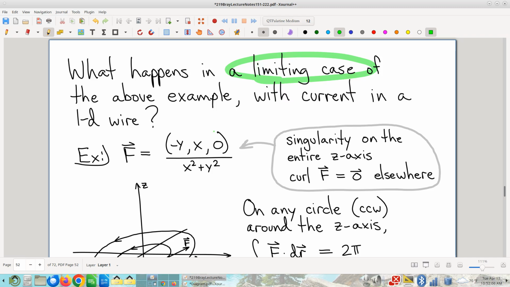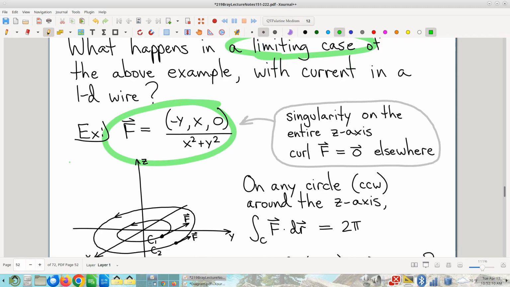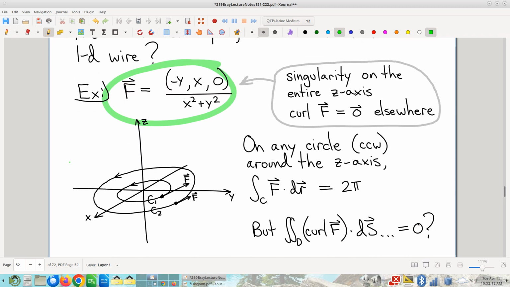The limiting case is that the magnetic field will look something like this, which is kind of rotating around like that. It's defined everywhere except on the z-axis, the z-axis having zero thickness. So this is non-physical. It's not the way stuff works. Wires actually have a little bit of thickness. But anyway, here we have no thickness.